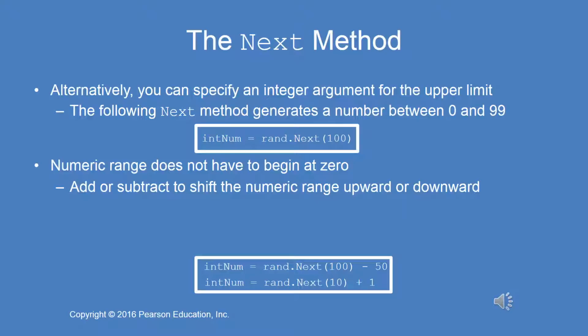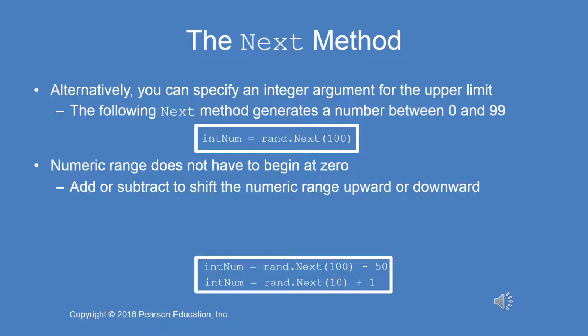You can pass an integer number to the next method to specify the upper limit of the random number to be generated. So in the first rectangular box, we have the code from the previous slide, except we have an argument of 100.